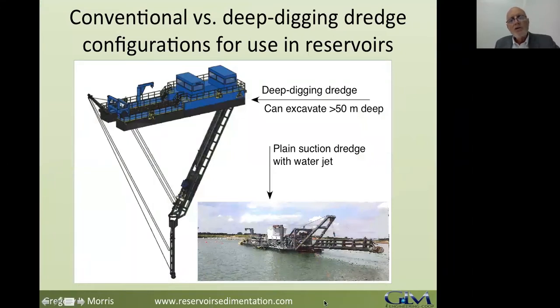Conventional dredges, conventional cutterhead dredge, typically with a ladder pump. But if your reservoir is very deep, you can also get deep digging dredges that'll dredge over 50 meters deep. These are typically used in Europe for sand and gravel mining operations.